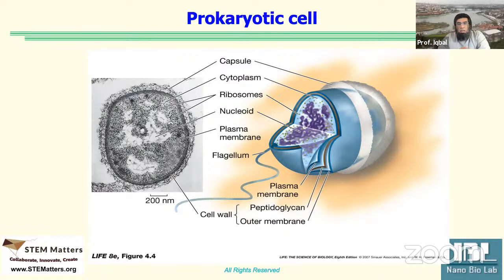We'll see many of these things in eukaryotic cells as well, the cells which we are made up of. For these cells, there is this long thing, the flagellum, coming out, that helps them move, helps propel the cells forward or whatever their function is.